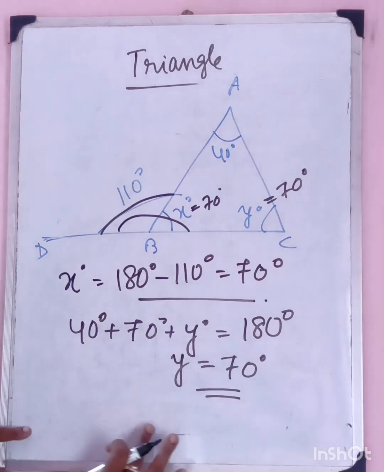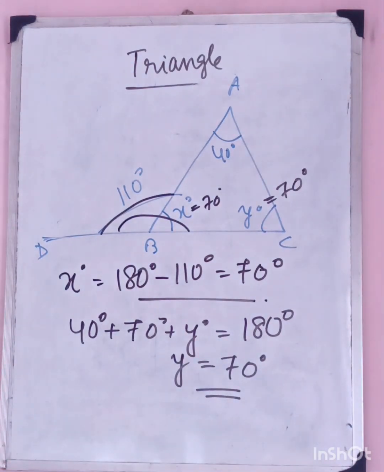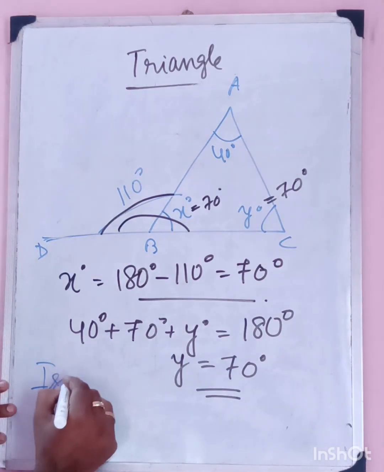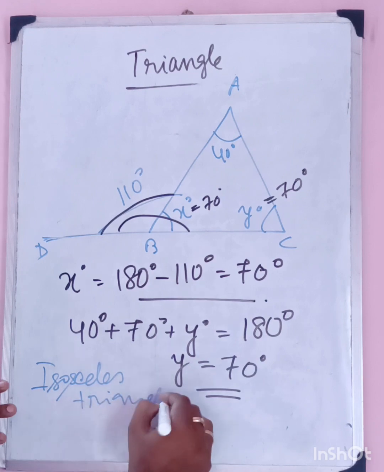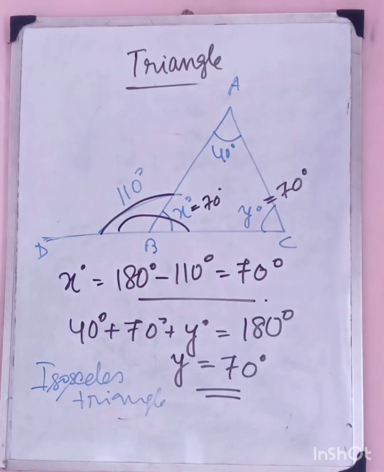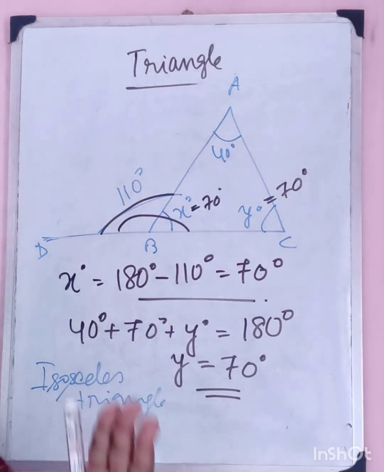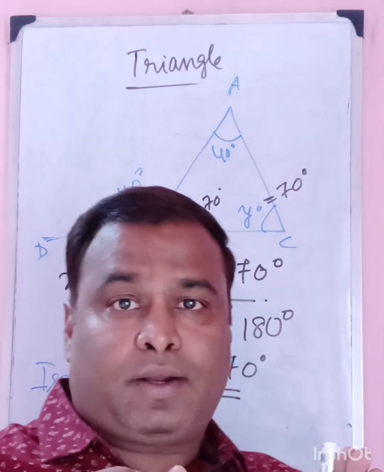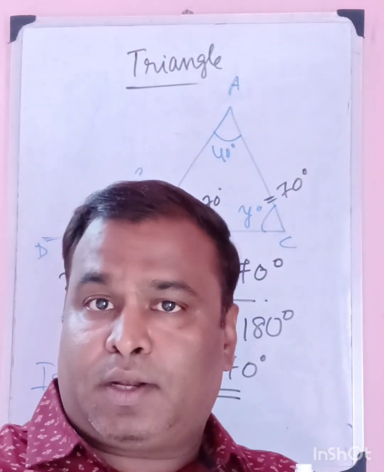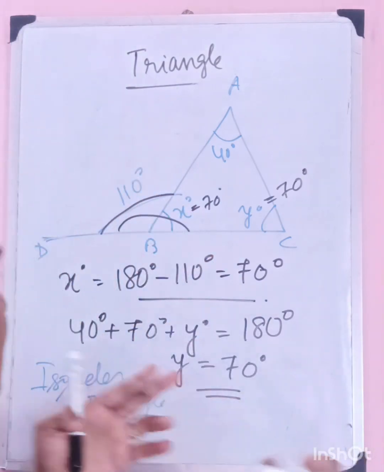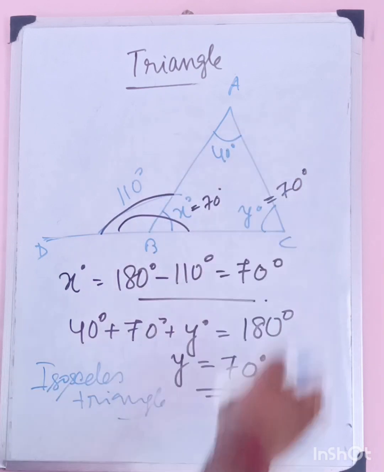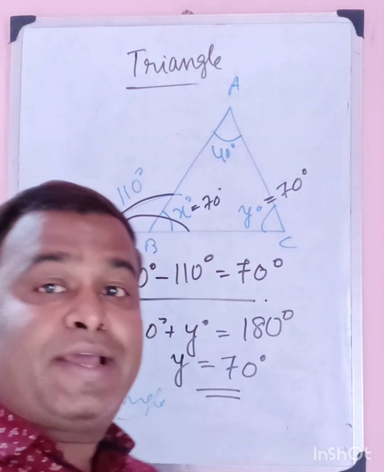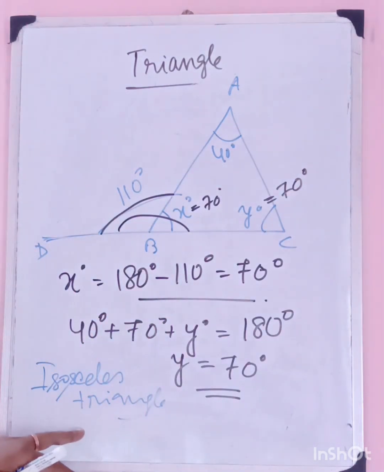What type of triangle is this? This is an isosceles triangle, because these two angles are equal. When two sides of a triangle are equal, the base angles are equal, and in reverse, if the angles are equal, you can conclude that these sides are also equal. So the triangle is an isosceles triangle.